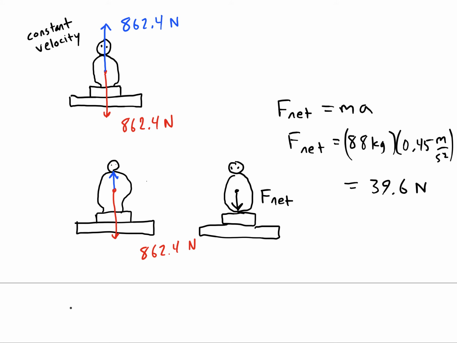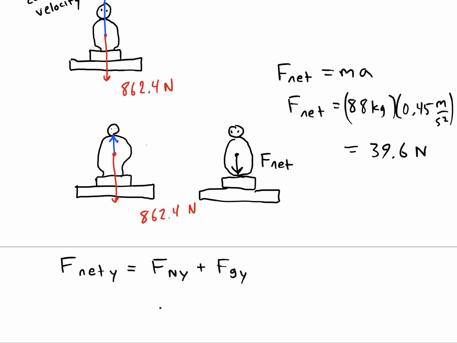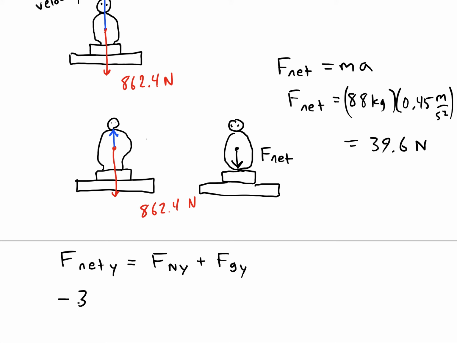Now we can write the sum of forces, that the net force in the y direction needs to be the sum of the normal force in the y direction plus the gravitational force in the y direction. We know that this needs to be a negative 39.6 so that they go downward. And we can plug in our weight as negative 862.4.